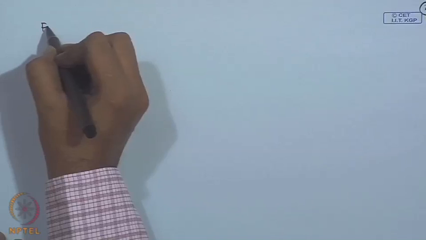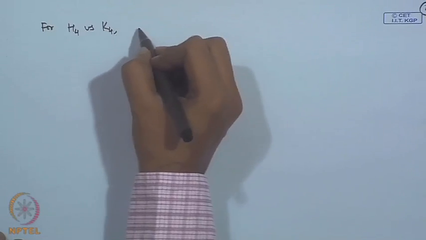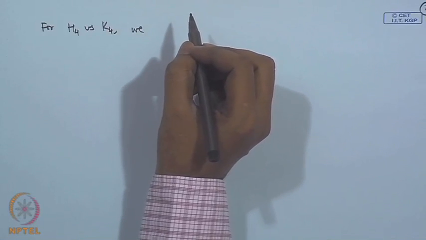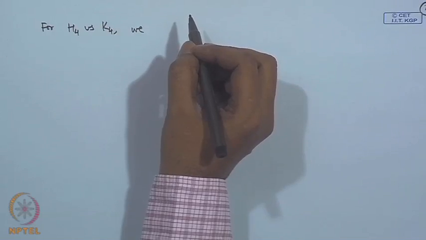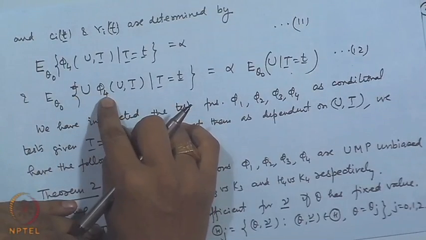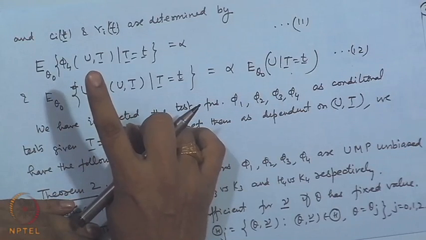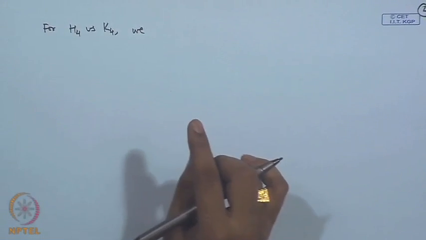Now, for the testing problem H 4 versus K 4, if you remember, for phi 4 we had two conditions. The second condition was involving product of u with phi 4. So, now if you translate, we need another condition that h should be a linear function of u. So, let me write it here.